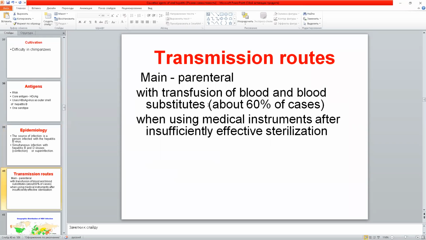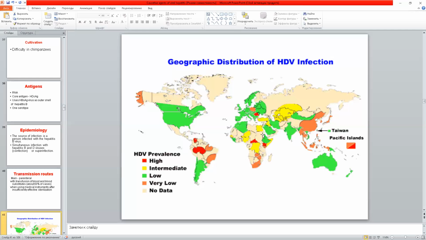Transmission routes, mainly parenteral again, with transfusional blood and blood substitutes, and when using medical instruments after insufficiently effective sterilization. Distribution of HDV infection: red color is high distribution, in South America, in South Africa, and in intermediate yellow color, and then low green color, and very low brown color.